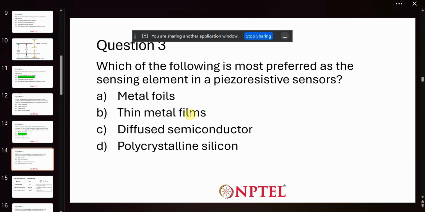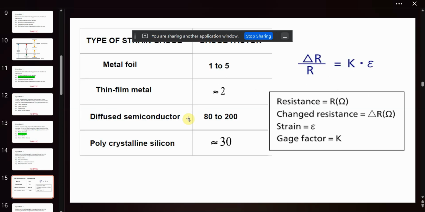Third question: which of the following is the most preferred sensing element in piezoresistive sensors? Metal foils, thin metal films, diffuse semiconductor, polycrystalline material. In piezoresistive sensors, we want to measure the change in resistance relative to the original resistance.